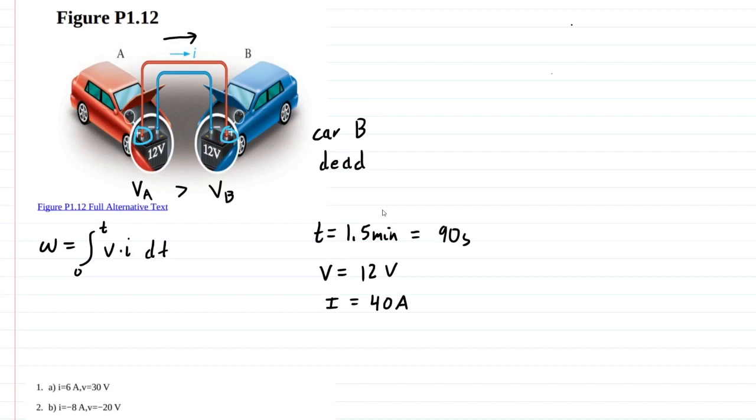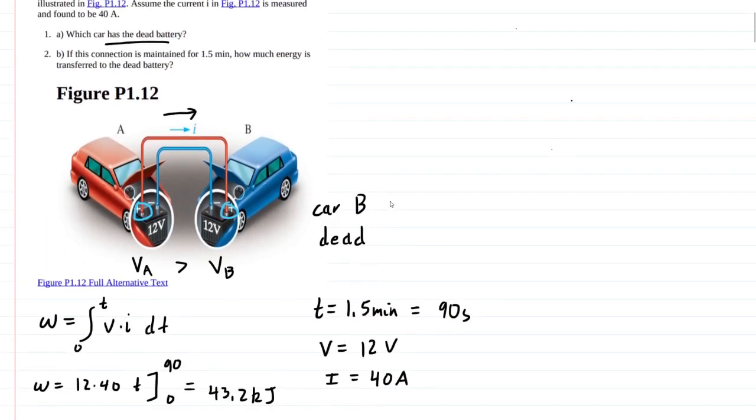If we do that quick integration, we have 12 times 40 times t, from 0 to 90 seconds. It doesn't matter exactly where you start, but generally you would start at 0, which makes it easier. You do the math, 90 times 40 times 12, you get 43.2 kilojoules of energy transferred to the dead battery.